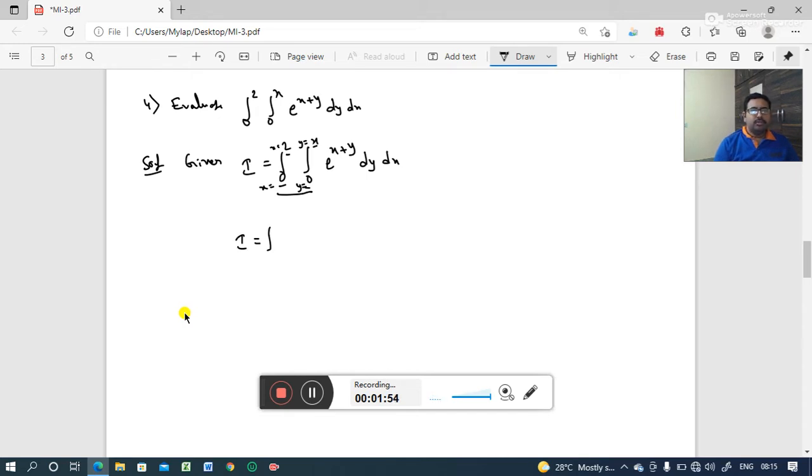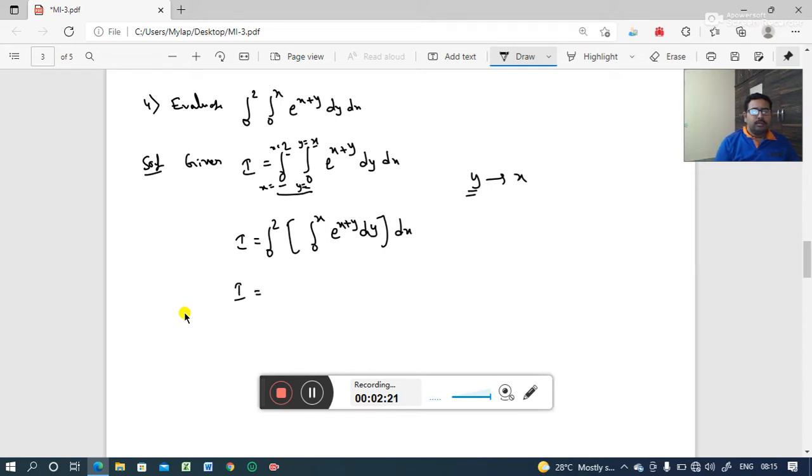I equals integral 0 to 2, integral 0 to x, e power x plus y dy dx. The order of integration is first with respect to y, then with respect to x, because your variable limits are related to y.